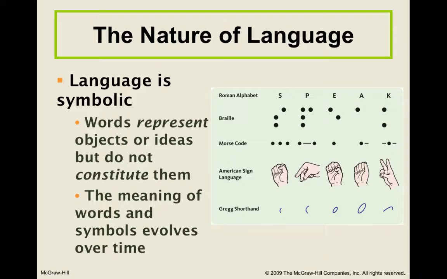Let me give you an example. If I say the word chair, a chair does not fall out of my mouth, because the only connection between the word chair and the thing that we know is a chair is because we have decided that those things are connected. So the meaning of words and symbols also evolves over time, and I'm sure you can think of several words that have changed their meaning over time.